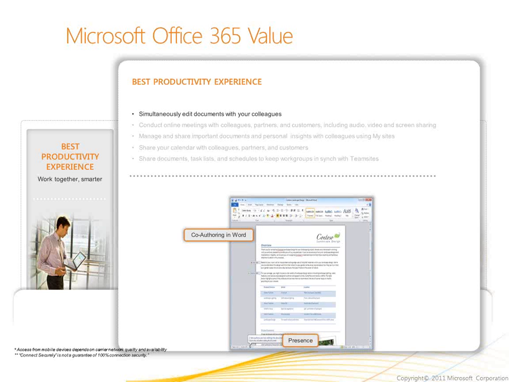For example, the first bullet here is simultaneously edit documents with your colleagues. You could both have a Word document open using the regular version of Word and be simultaneously adding to it, and both edits appear, and then you save the document like you worked on it by yourself. That's one of the capabilities. Same thing with Excel, PowerPoint, and OneNote, which all have the ability for co-authoring.